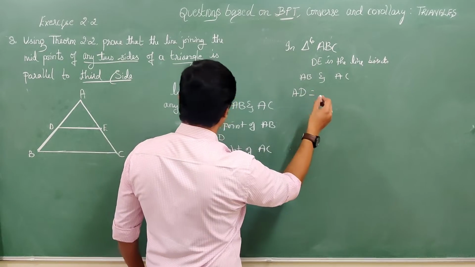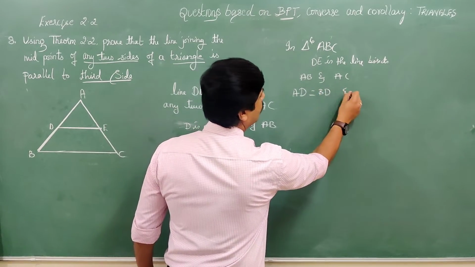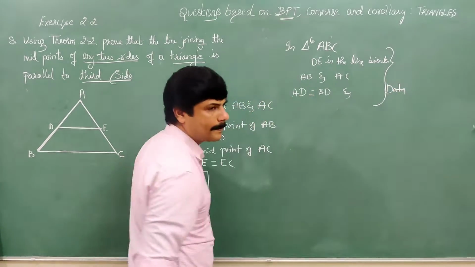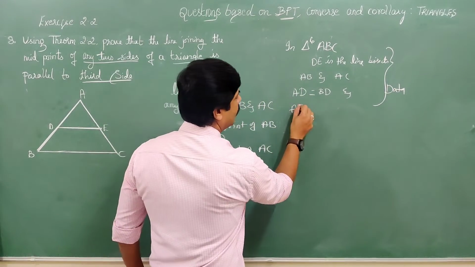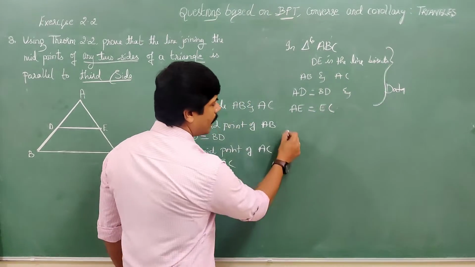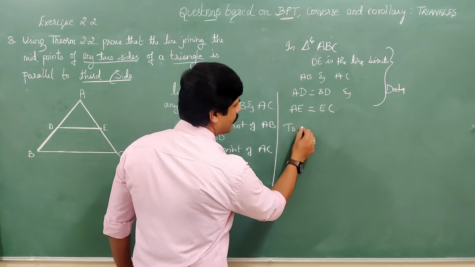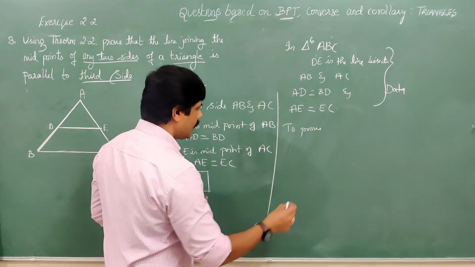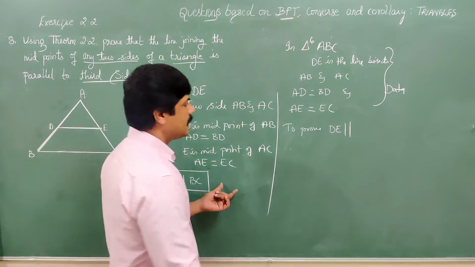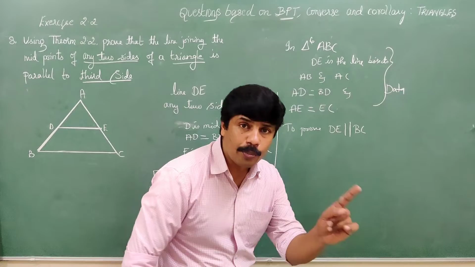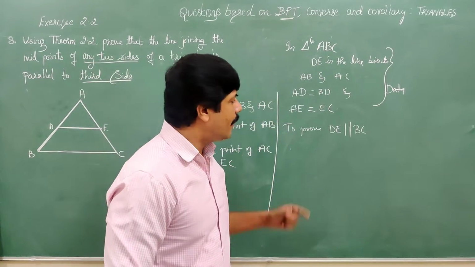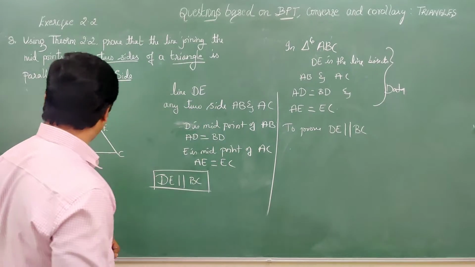AD is equal to BD and AE is equal to EC. All these are data. What to prove? To prove DE is parallel to BC. How to prove? Using Theorem 2.2, the converse of BPT.